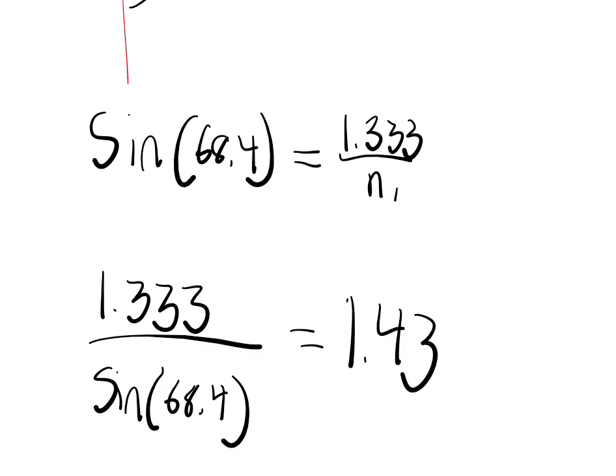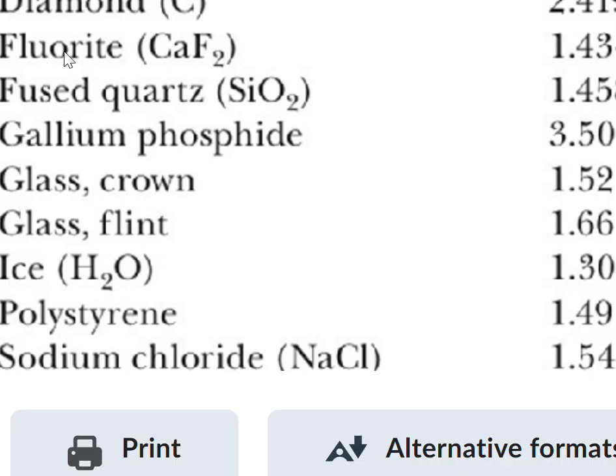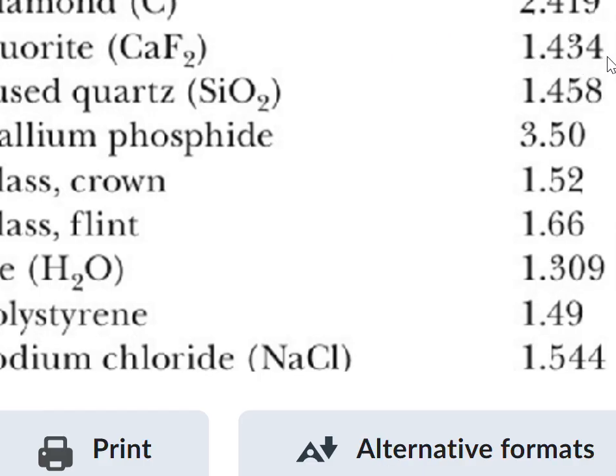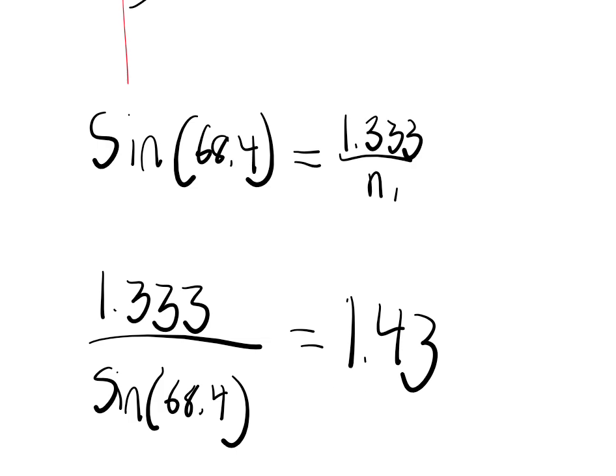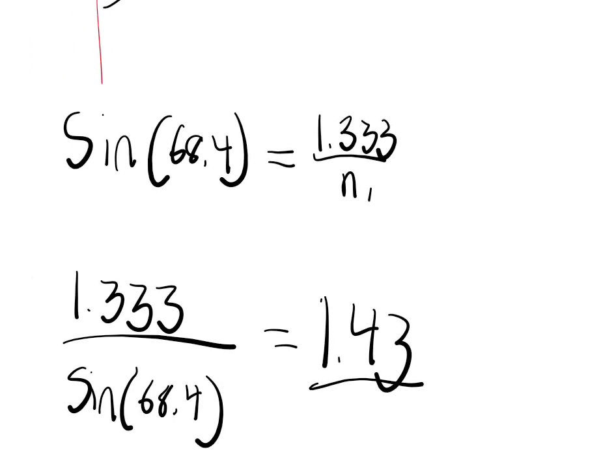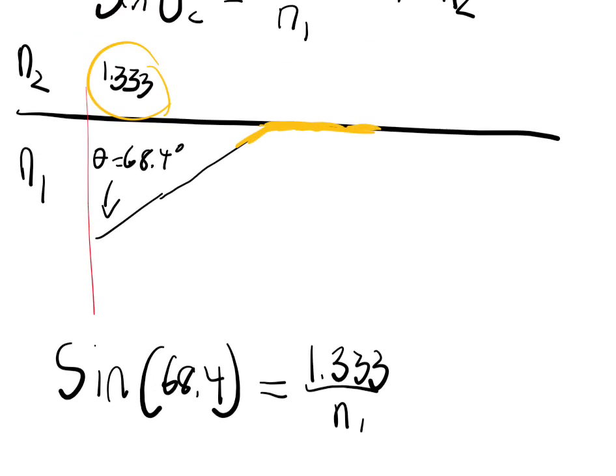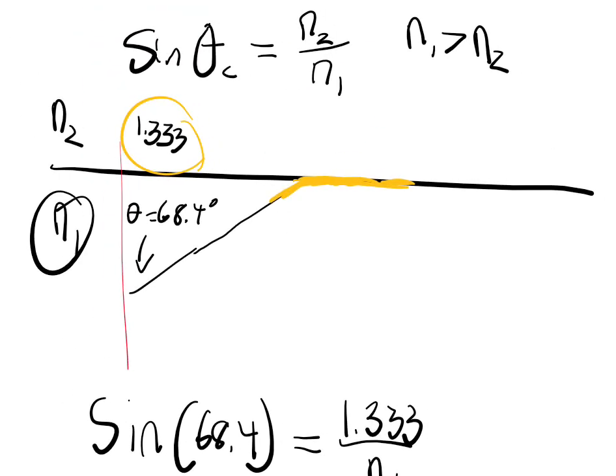If we reference our table, that looks suspiciously similar to fluoride, which is 1.434. So what do we know? We know that this is probably referring to fluoride. So whatever our substance underwater is, n1 is fluoride.